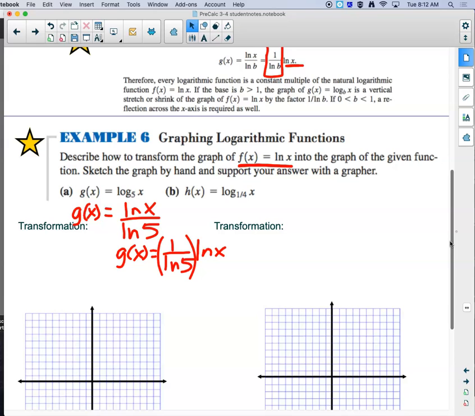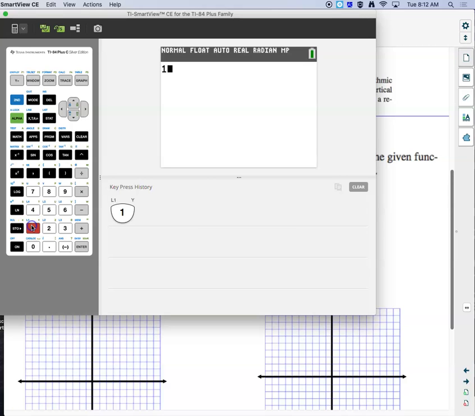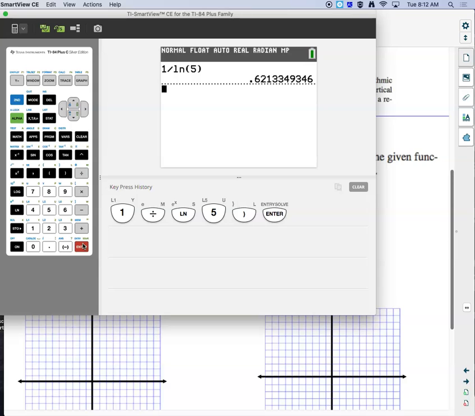So now the question is, 1 divided by the natural log of 5, is that a fraction between 0 and 1, so this would be a vertical compression, or is it a number that's bigger than 1, so it's going to be a vertical stretch? So let's punch that in. And we see that's going to be a decimal, which we could convert into a fraction, possibly, between 0 and 1.